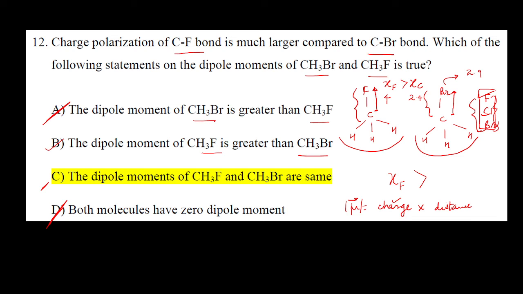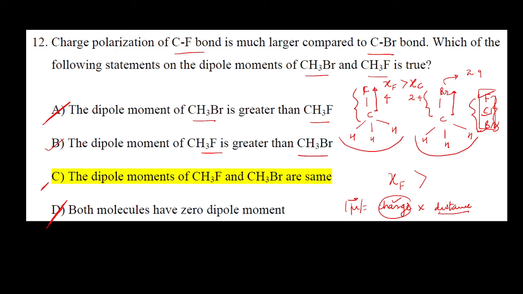So charge plays an important role, because if I compare the charge factor, it's more in CF, but if I compare the distance factor, it becomes more in CBr. That means more or less the magnitude will be the same, or very close in values.